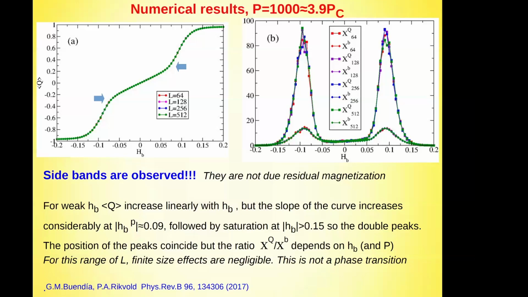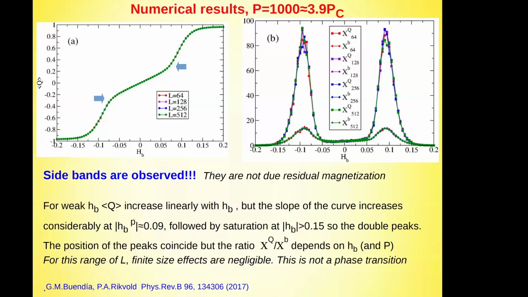So clearly, the sidebands are not due to any residual magnetization, as in the experiment. Of course not, because we are obtaining them with the Ising model, and there is no long-distance magnetization in the Ising model. And notice that the position of the peaks is the same for Q and B; both susceptibilities peak at the same point, but the height of the peak is different.